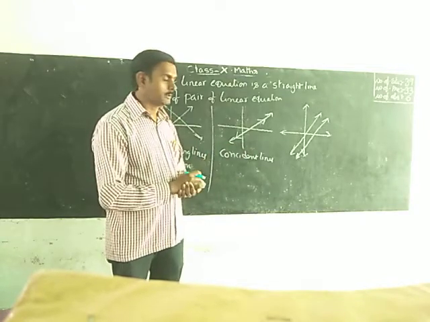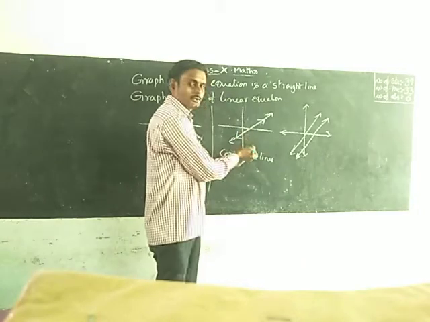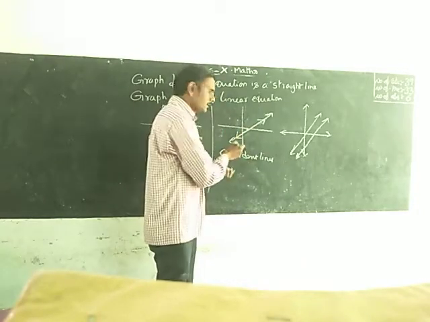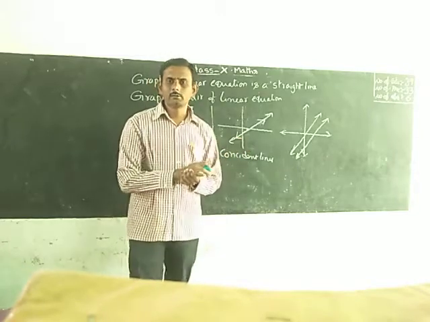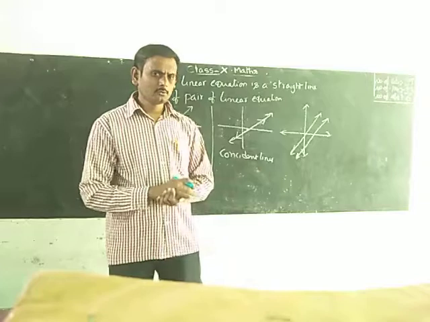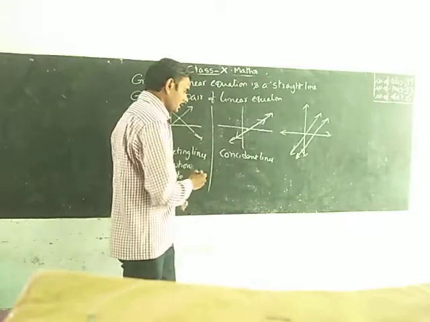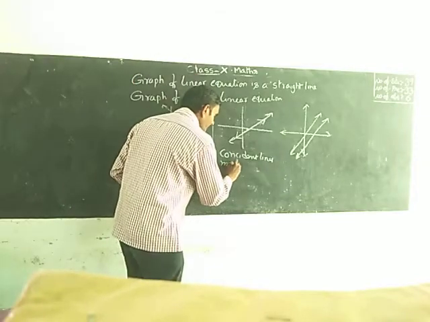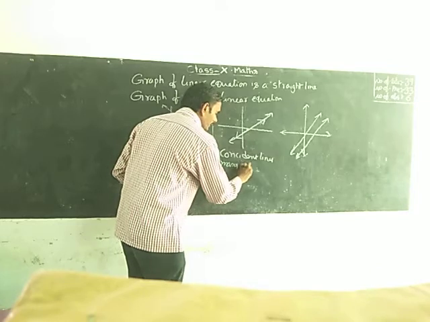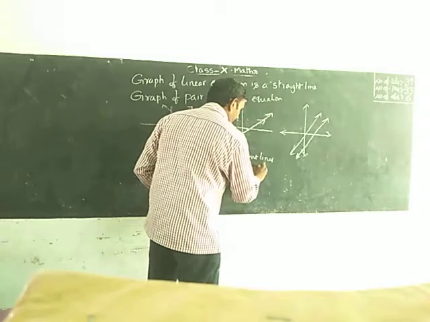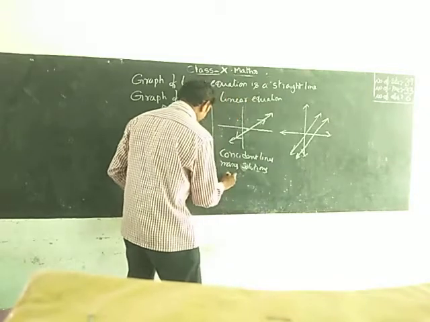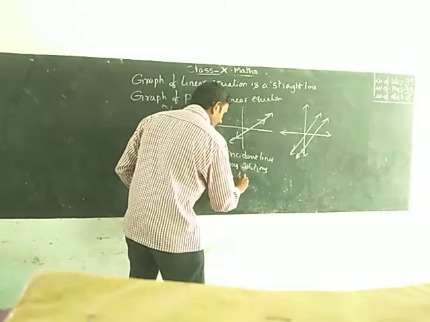If we choose a point here, this is a solution. Whenever both lines have a common point, those will be solutions. How many solutions? Many. This is called infinite solutions.